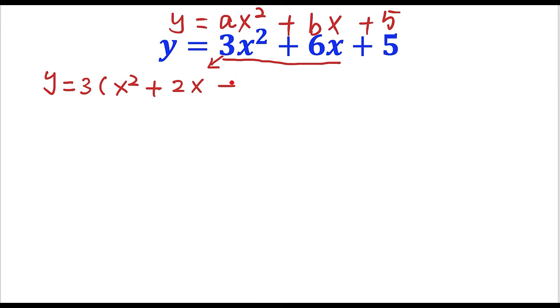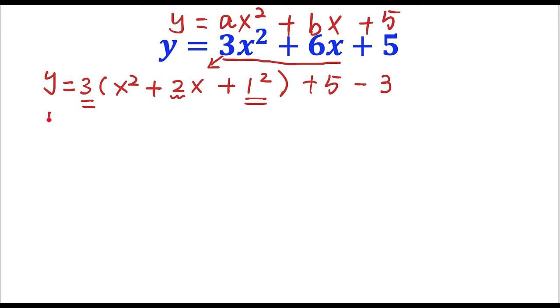Then we need to add half of the middle term's coefficient, then square. And then 5, we just rewrite it, plus 5. And then we need to take away, because this is actually the number 1 squared times 3. This is the number we added on, so we need to subtract that away. So subtract 3.